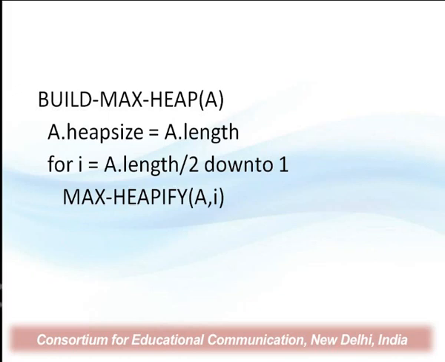Half of the length down to 1 essentially means we are skipping the leaf nodes. We are not taking the leaf nodes into consideration for max heapify, because we need not. Going bottom up from half of the nodes, we go to index number 1, which is the root.